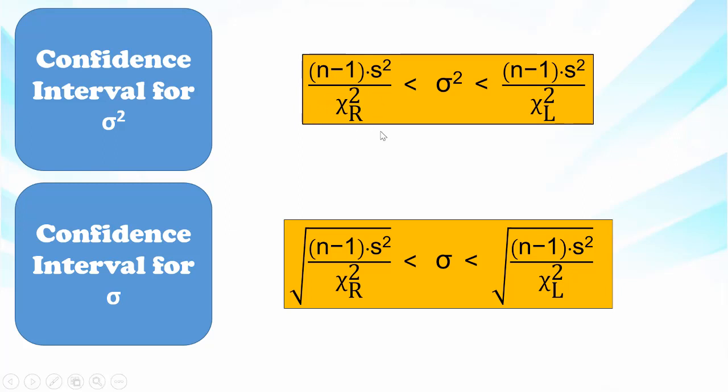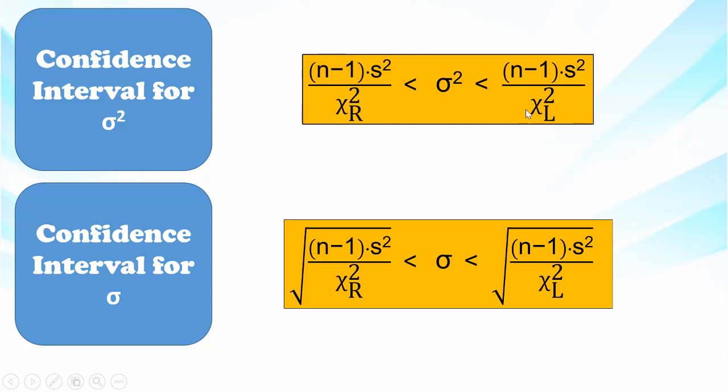So when we look at this fraction, the chi-square R value is on the left, and remember that the chi-square R value is larger than the chi-square L value. So that means that this fraction, because we're dividing by a larger number, is a smaller number. When you divide by a large number, that makes the value of the fraction smaller.